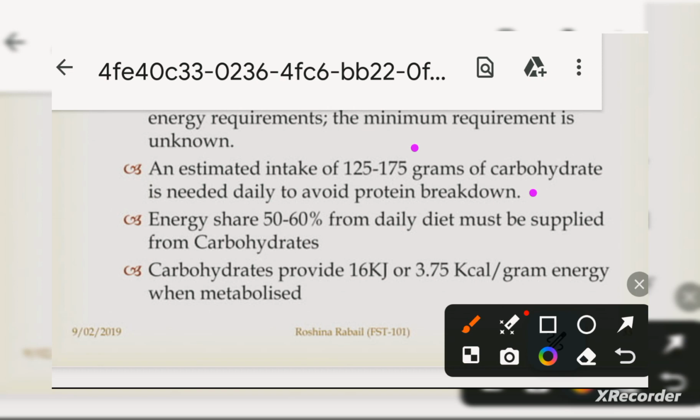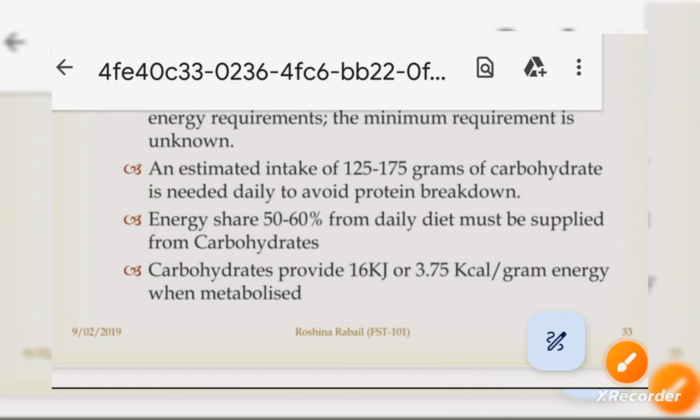If no carbohydrate is present in our body, protein breakdown starts, and as a result weakness and other issues are created. 50 to 60% of daily energy must be supplied from carbohydrate.